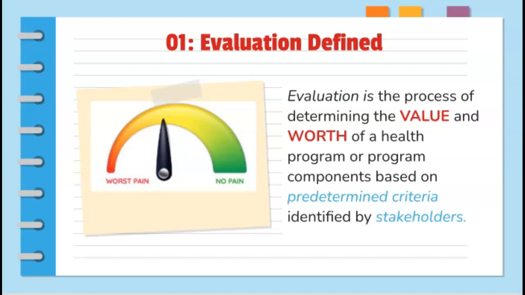Stakeholders don't just fund programs, but they're also anyone that has a vested interest in the program or the outcomes in the program. So your evaluation needs to align with those outcomes and the values of your stakeholders. You're going to have a really hard time using evaluation to prove a point if you haven't asked the stakeholders what point they want you to prove.